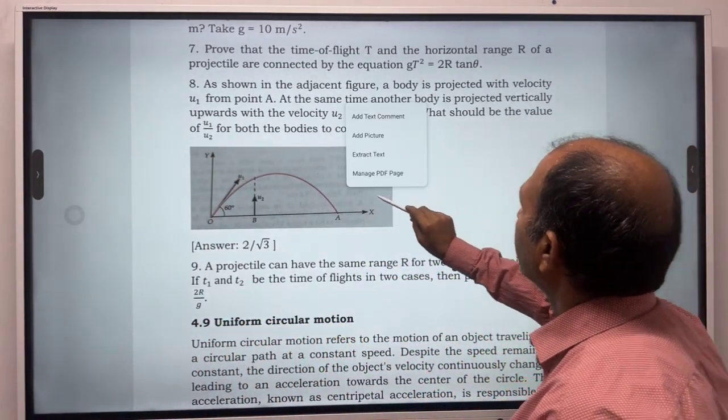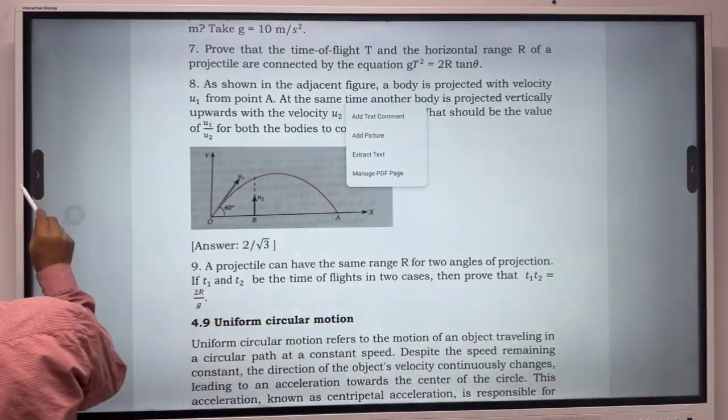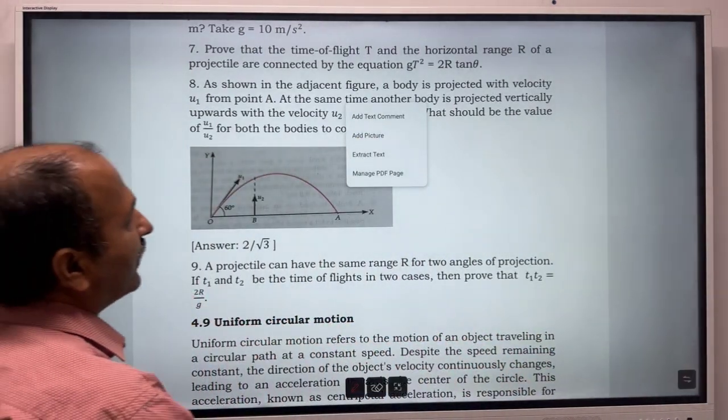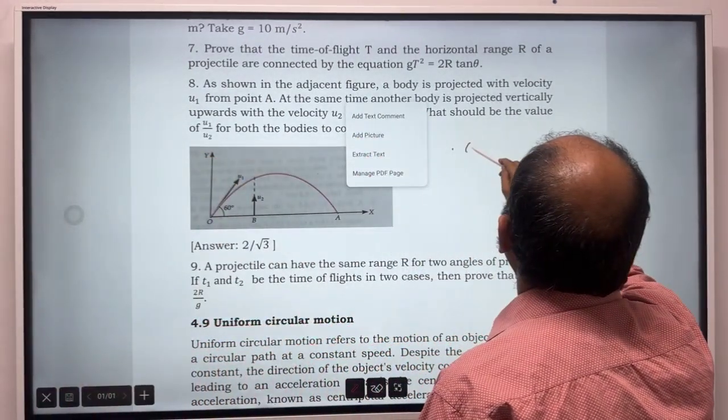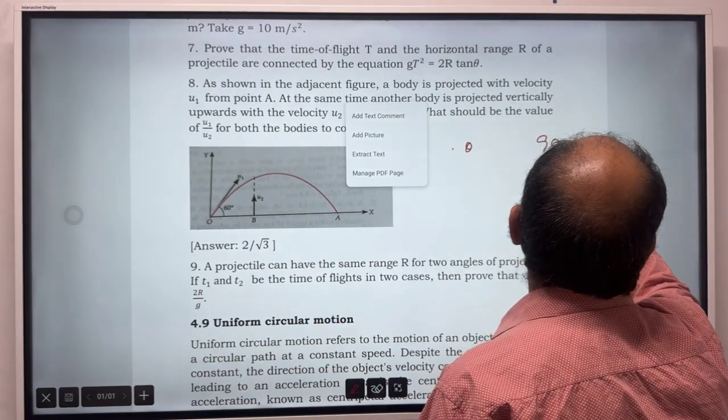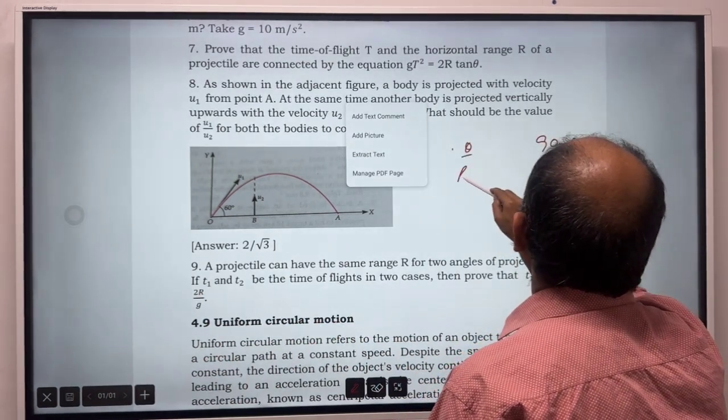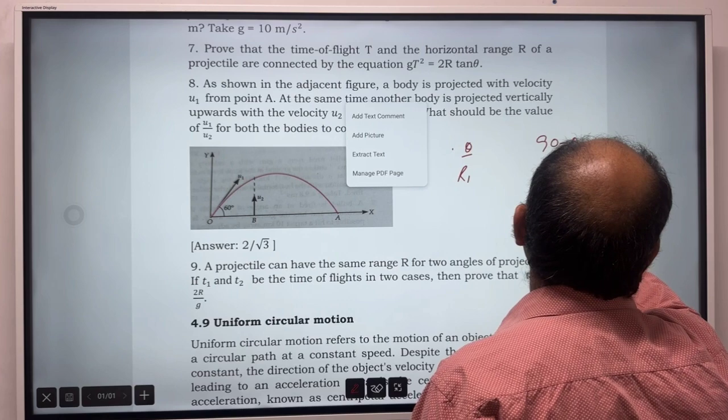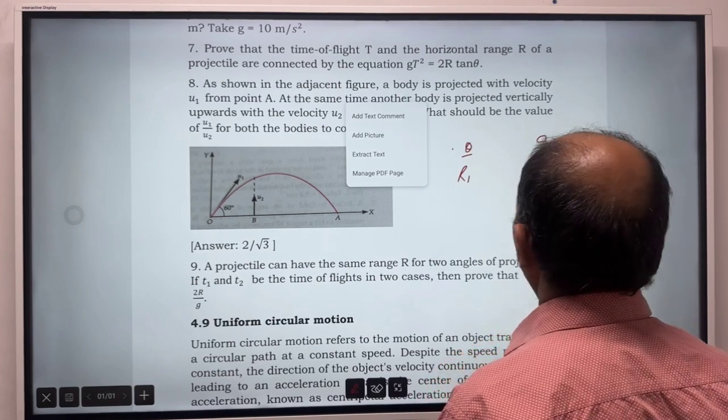If you remember, I told you that if a body is projected at angle theta and 90 minus theta, and suppose this is horizontal range 1 and this is horizontal range 2, they are equal.